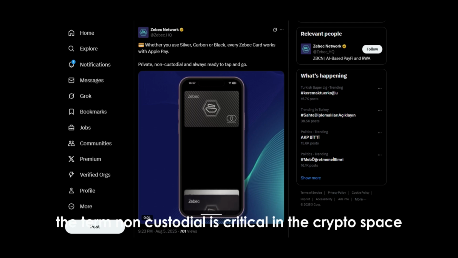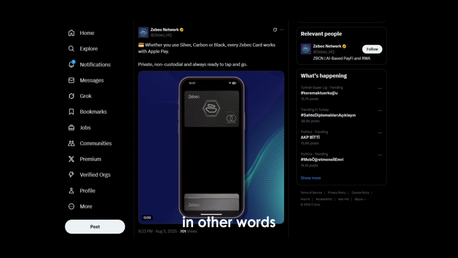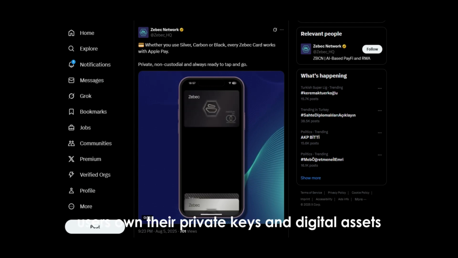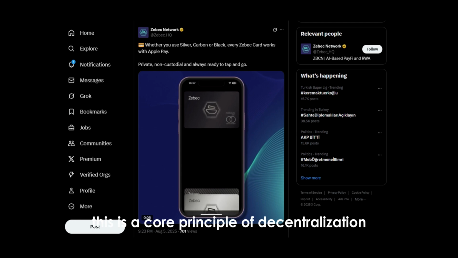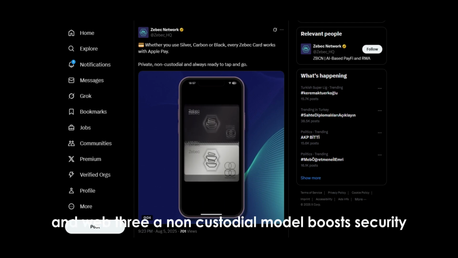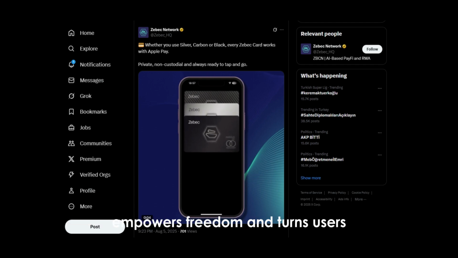The term non-custodial is critical in the crypto space, meaning that Zebec doesn't hold users' funds, but instead gives each user full control of their own assets. In other words, users own their private keys and digital assets directly, without needing intervention from a third-party platform. This is a core principle of decentralization and Web3. A non-custodial model boosts security, empowers freedom, and turns users into the true owners of their financial assets.